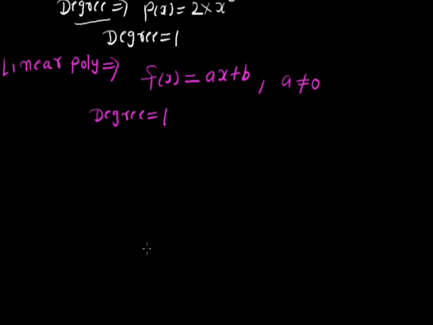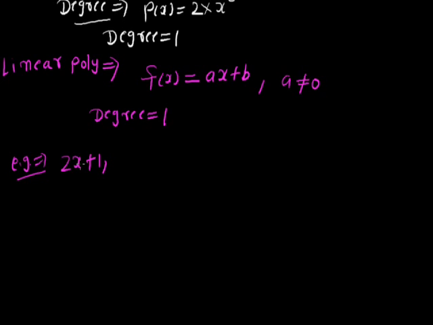Okay, so this was our general expression, and what examples can we write for a linear polynomial? We can write 2x plus 1, which is our linear polynomial because here the exponent of the highest power of x is 1. And then the other condition, 2 is not equal to 0, because the coefficient of the highest power of x is not equal to 0.